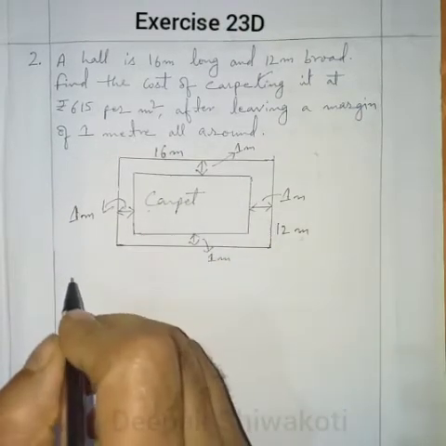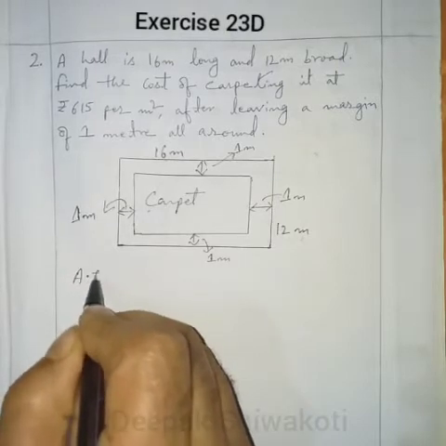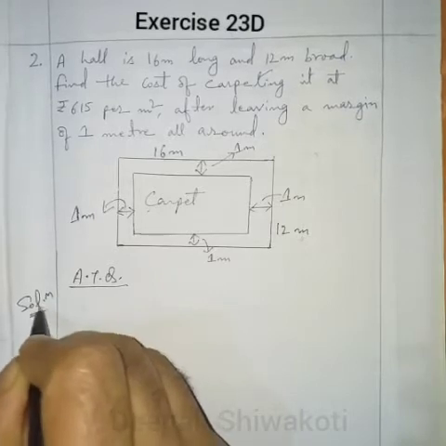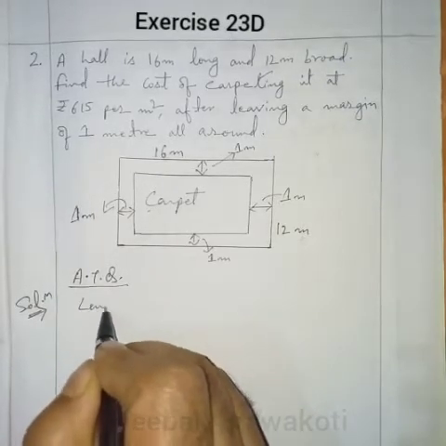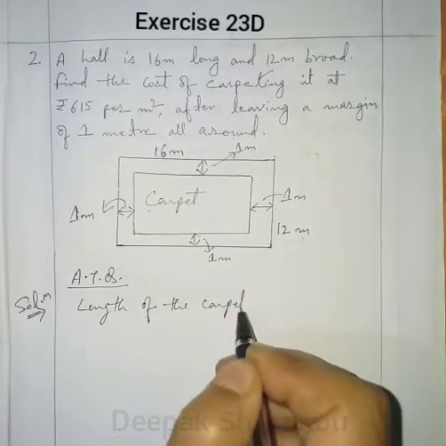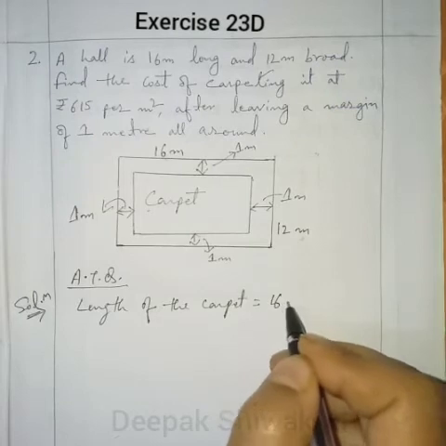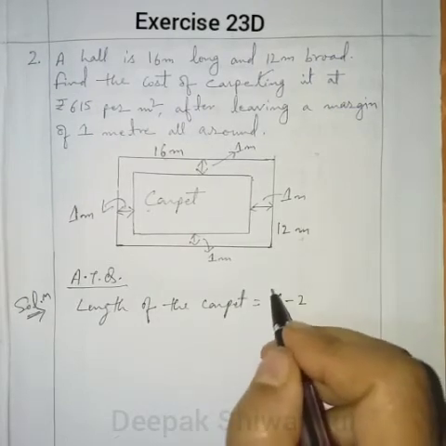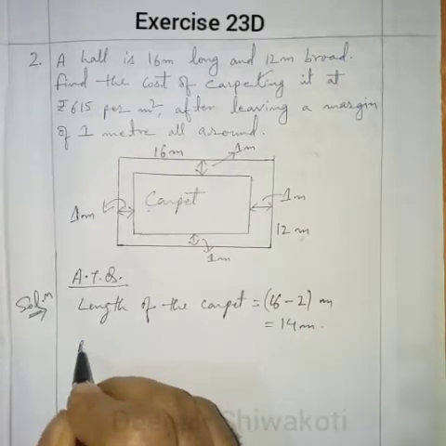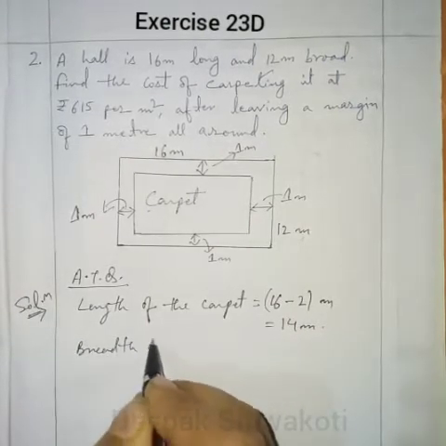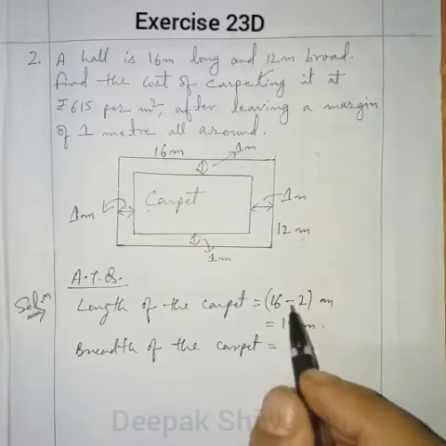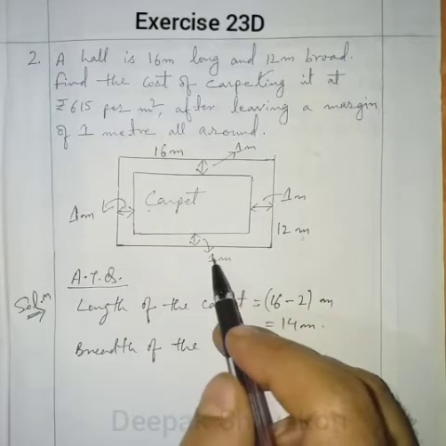So according to the question, solution: length of the carpet will be equal to 16 minus 2 meter, that is 14 meter, and breadth of the carpet will be equal to 12 minus 2, 1 plus 1.